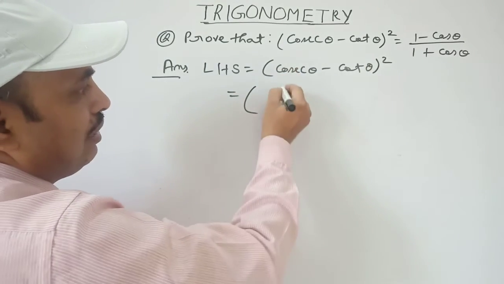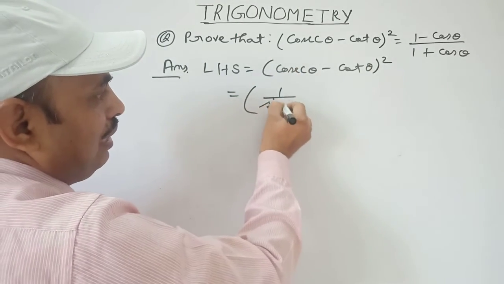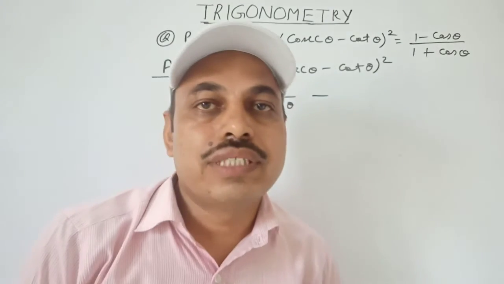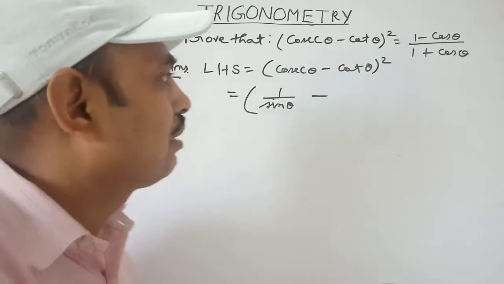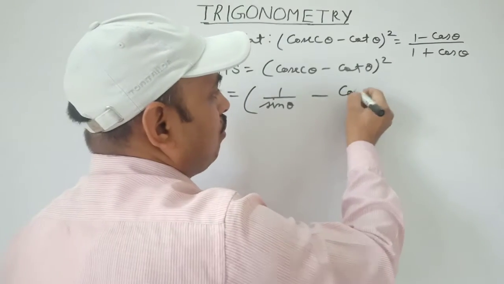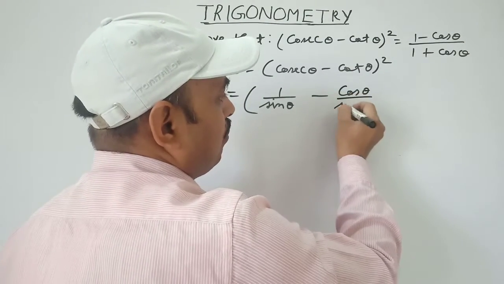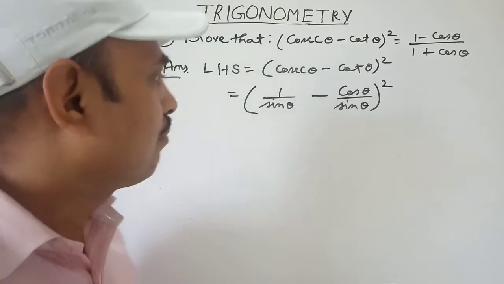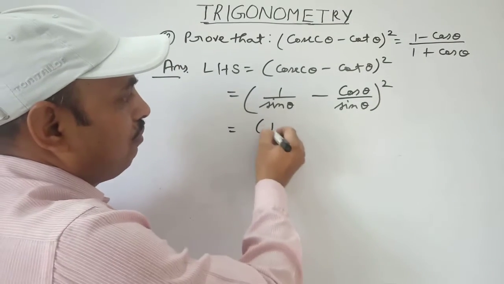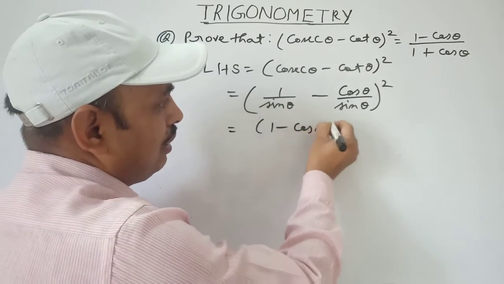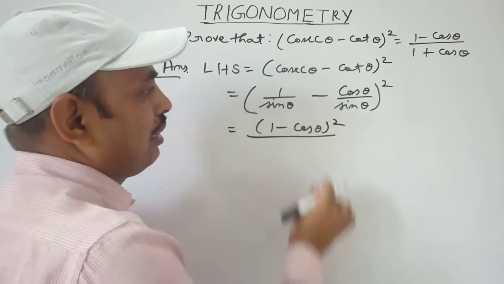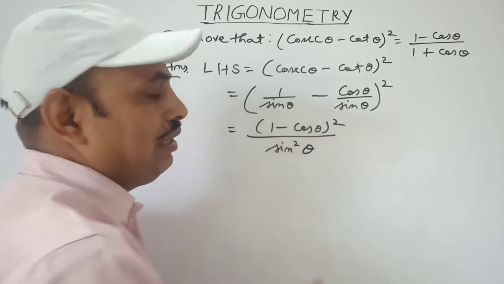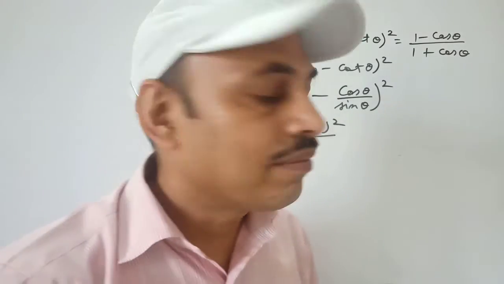Reverse of cosec is sin, and cot theta equal to cos theta upon sin theta. This is equal to (1 minus cos theta) whole square in the numerator, and in the denominator sin square theta.